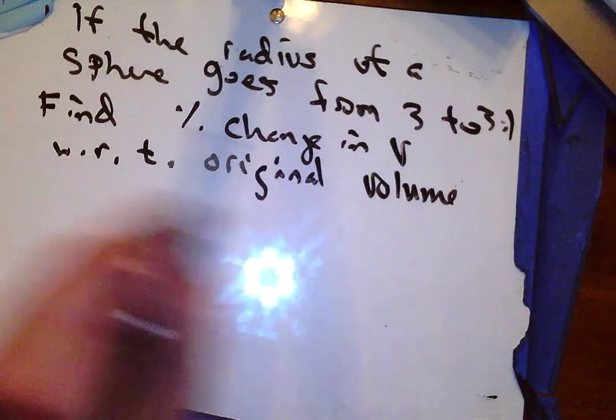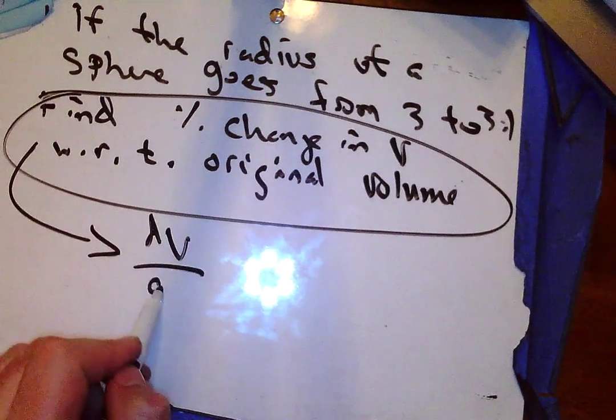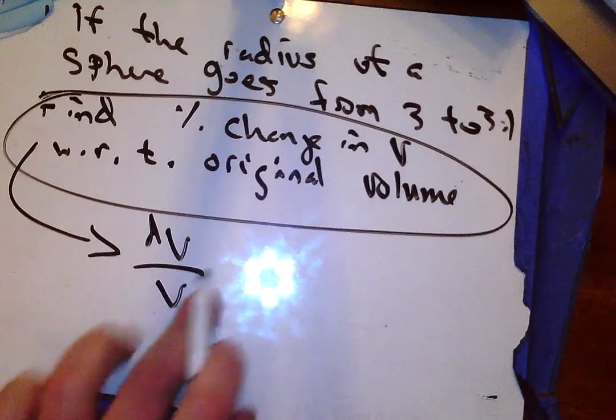And what is this trying to tell me? These words are trying to tell me we want to know dV over V.